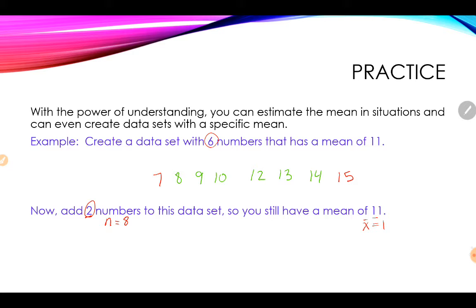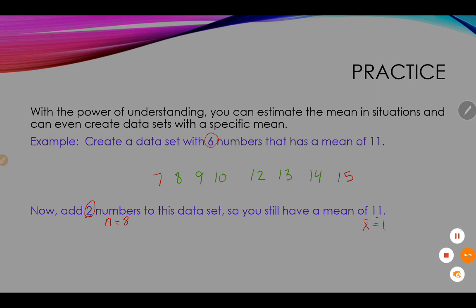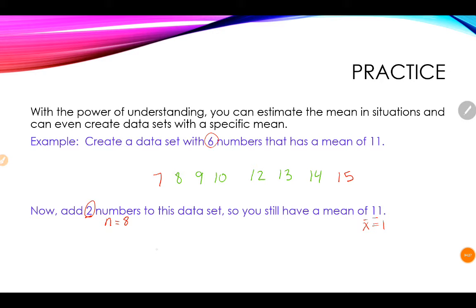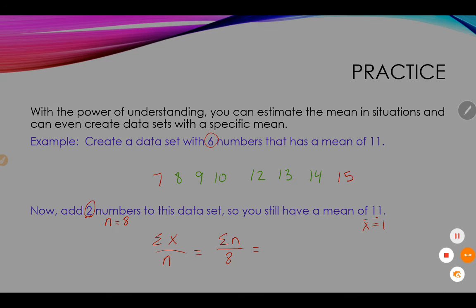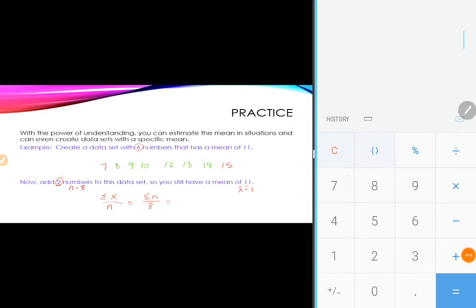And if I add those together, in my formula of the sum of x's over n, that is that sum divided by 8. In this case, that's 7 plus 8 plus 9 plus 10 plus 12 plus 13 plus 14 plus 15.